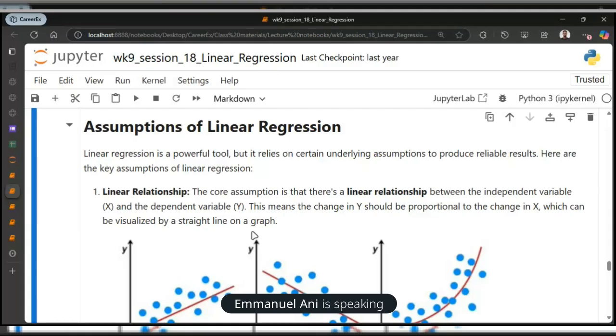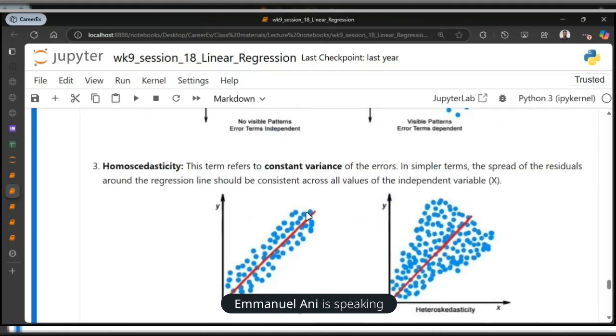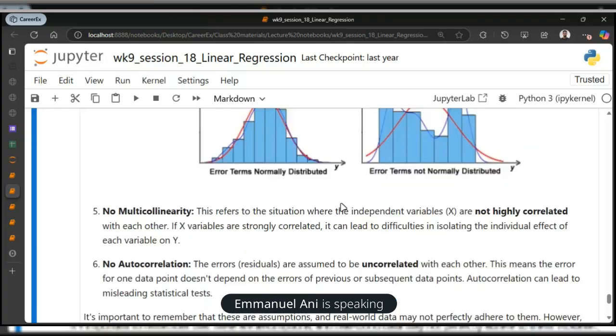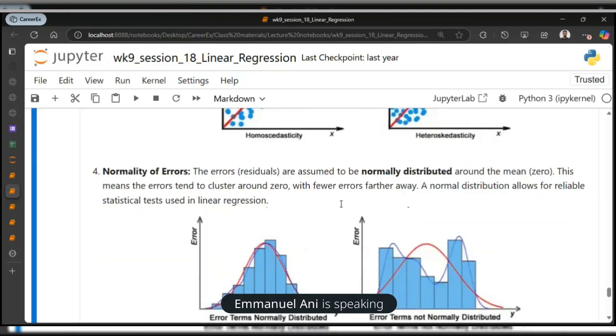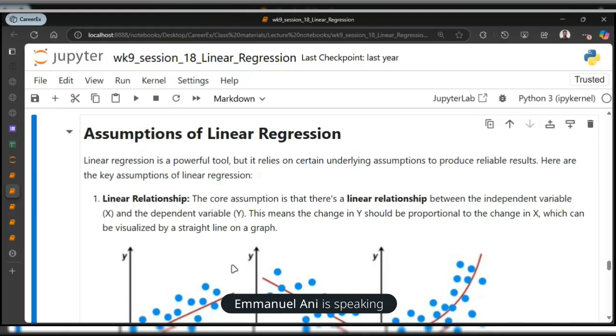We'll start checking if there's a linear relationship, if there's independence of errors, if there's homoscedasticity, if there is normality of error, and multicollinearity and all of that. If your linear regression is not giving you a very good performance, it's most likely that some of these assumptions have not been met. So what is mostly done is that the linear regression algorithm is used to create your model first, assuming all these assumptions have been met, and then if it's giving you a problem, you start checking the assumptions. But the ideal thing to do is to check these assumptions first.